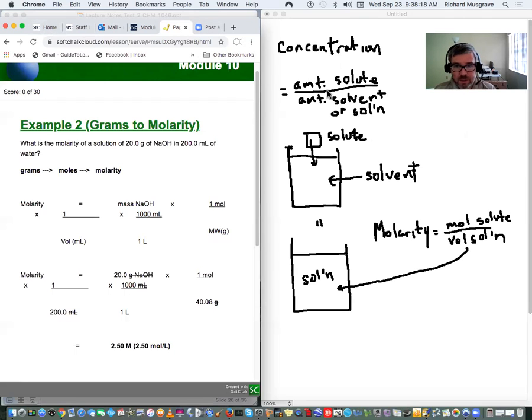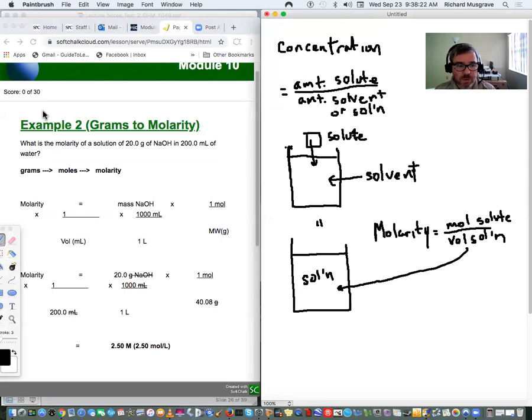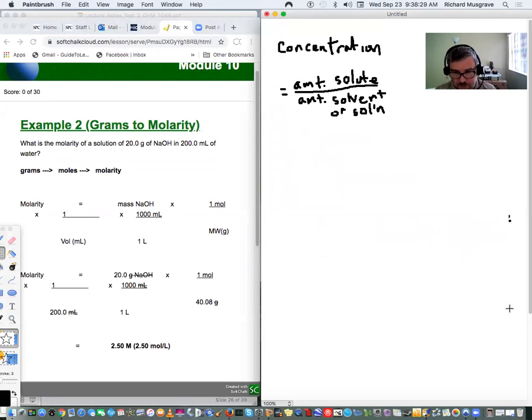Let's look at some guidelines here and what I think you should really know in order to be successful with the situations we're dealing with here. So that's our main basis, the amount of solute divided by, you know, that's just general concentration. But let's focus on molarity and the three equations that are going to be most useful to us.